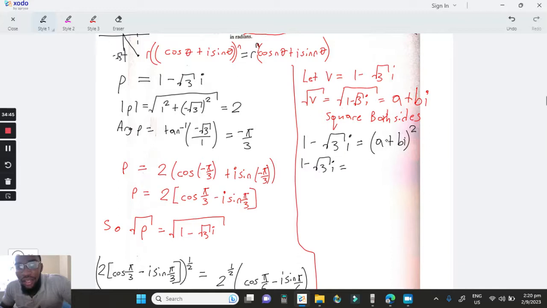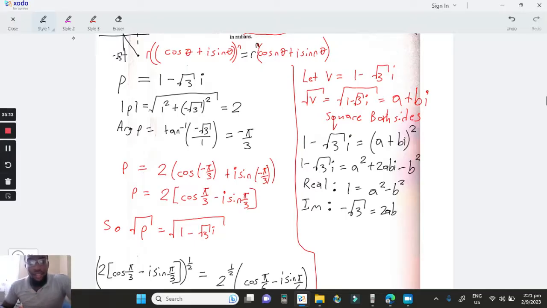And then now this is 1 minus square root 3i equal first term square, twice the product of the two, become plus 2abi plus second term square. bi, when you square it, it really become minus b square. Then you group real parts. By grouping real, 1 is equal to a square minus b square. And grouping imaginary, and you have minus root 3 is equal to 2ab.